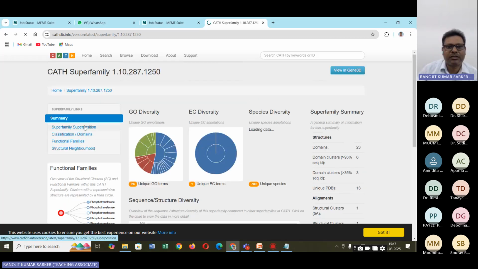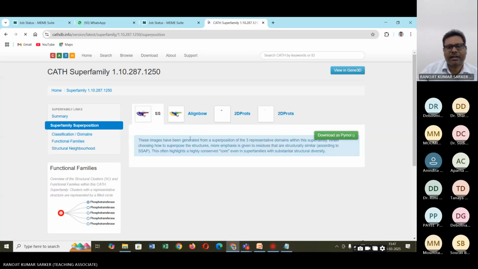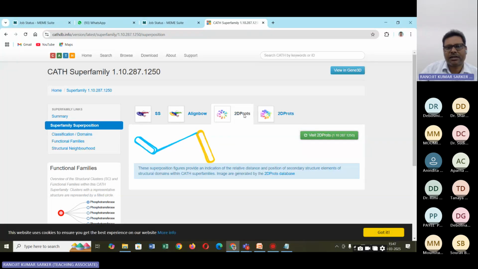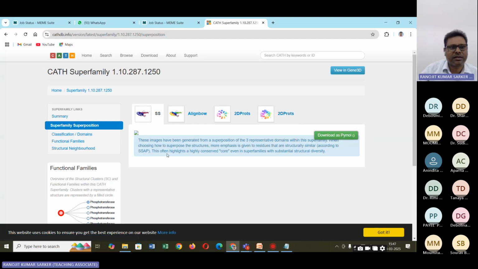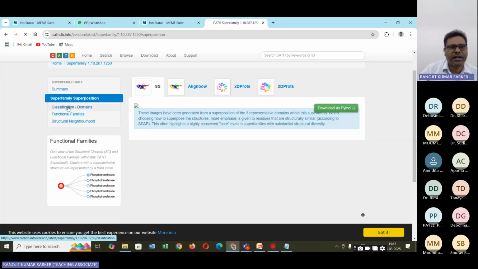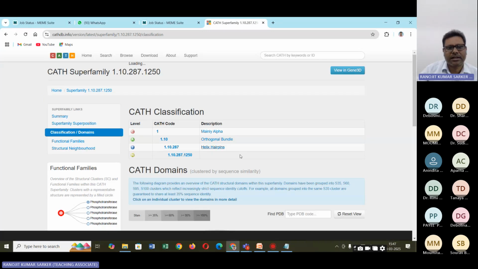If we go to the superfamily, these are the superfamilies. So these figures you can actually give in your manuscripts also. Then functional domains.